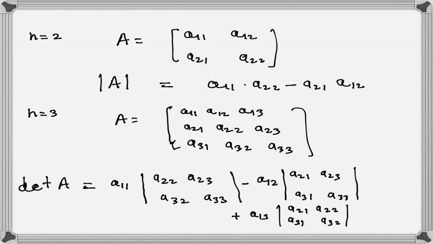Similarly, we can find the determinant of any n cross n matrix. Here I took the first row to expand it. We can use any row and any column, but the only thing is the sign of these multipliers like a11, a12, a13 is defined by the following.